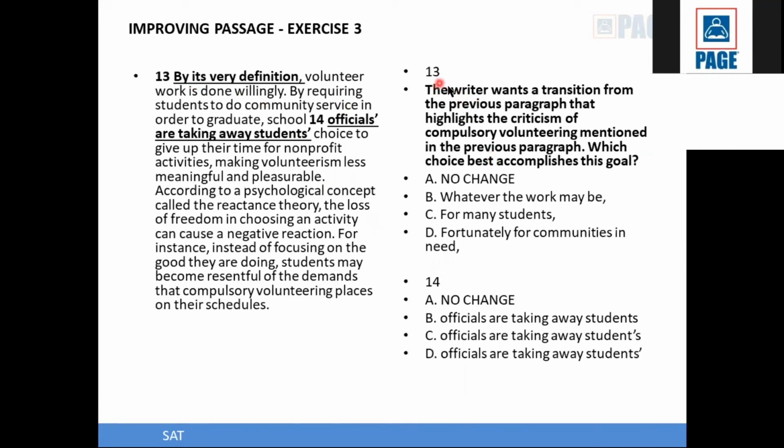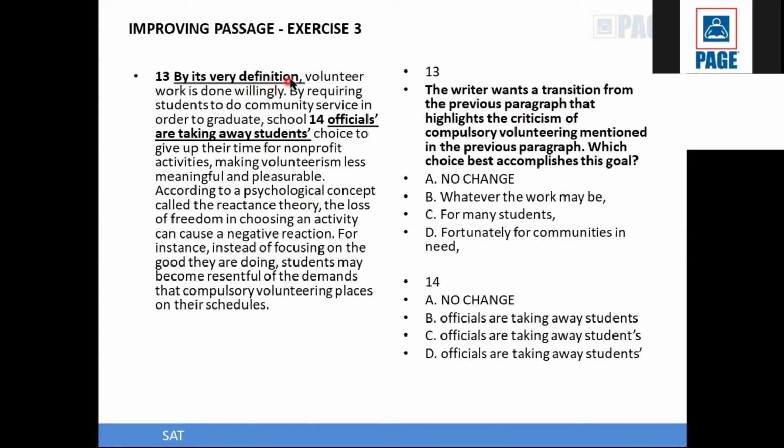The question is given here. The writer wants a transition. Transition means a change from the previous paragraph that highlights the criticism of compulsory volunteering mentioned in the previous paragraph. Which choice best accomplishes this goal? So he wants to change from the previous paragraph to the next paragraph. Should we go by its very definition?